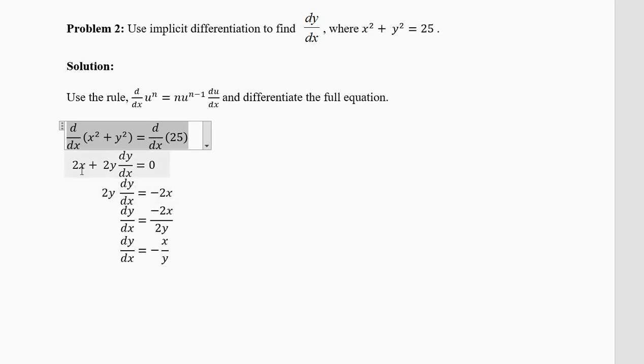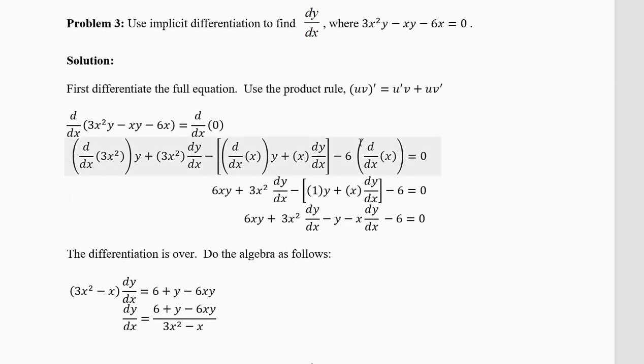Derivative of x square is 2x. Derivative of y square is 2y dy by dx. Derivative of a number is 0, and on the right hand side you have a number. Now take the 2x to the other side, you will get minus 2x. Divide by 2y: dy by dx equal to minus 2x divided by 2y. Cancel the 2. Dy by dx equal to minus x by y. This is your derivative.